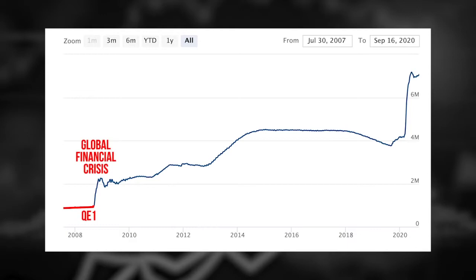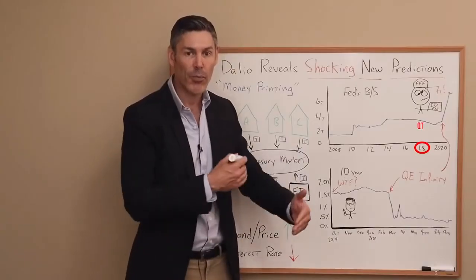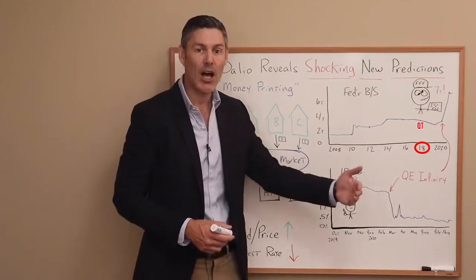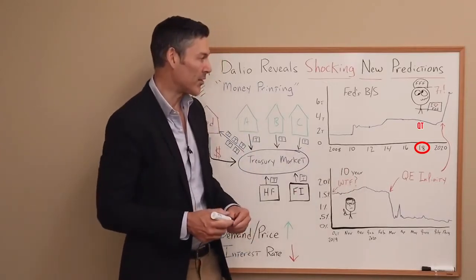Then we get to the GFC, quantitative easing 1, it goes parabolic and keeps going up and up and up until it maxes out about $4.5 trillion. It stays pretty consistent until we get to about 2018, where the Fed tries QT, or quantitative tightening, the reverse process where they start to sell treasuries and mortgage-backed securities.